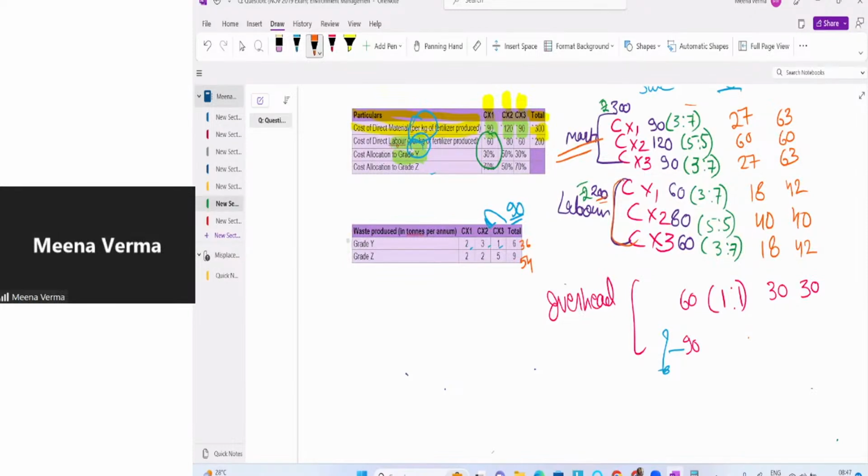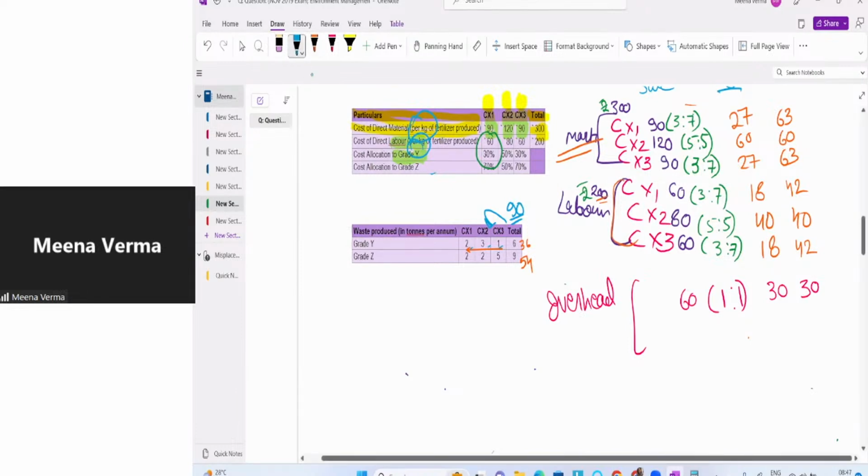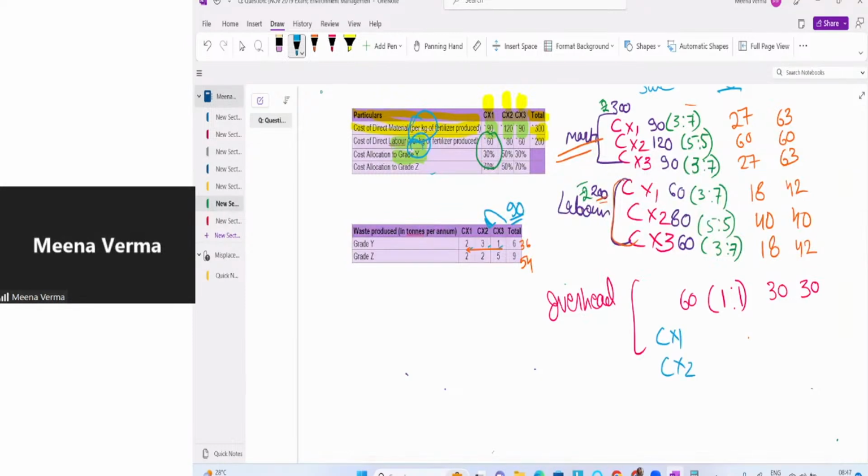Now 36 will be allocated to these products, CX1, CX2 and CX3, in the ratio 2:3:1.